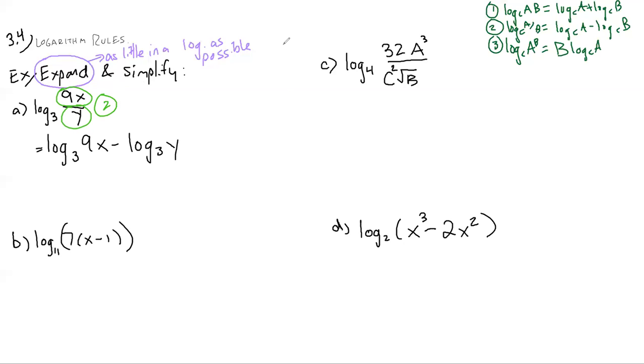And then hopefully you can also see that we have multiplication there on the 9 and the x. So that tells me to use rule 1. And so this will give me log base 3 of 9 plus log base 3 of x, and then minus log base 3 of y.